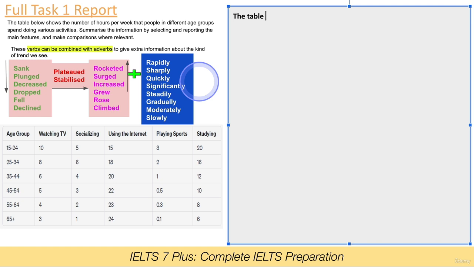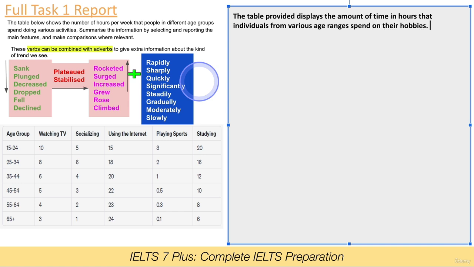So we could say the table provided displays the amount of time in hours that individuals from various age ranges spend on their hobbies, because they are all technically hobbies.